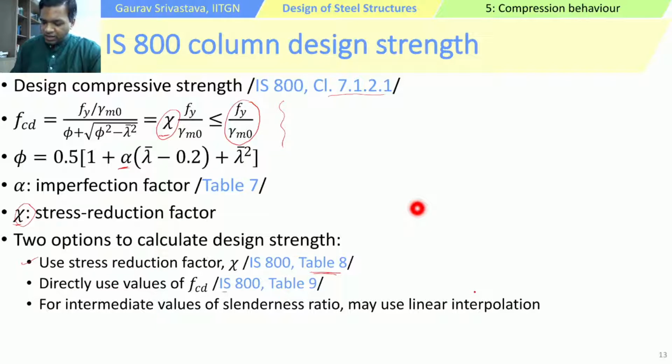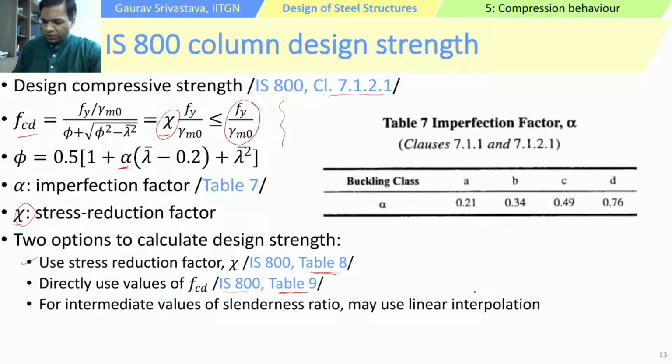Similarly, IS 800 table 9 gives directly the values of fcd also, which is the design compressive strength. It can be used directly. And for intermediate values of slenderness ratio, it is possible to use linear interpolation. And the amplification factor, sorry, the imperfection factor alpha, actually takes into consideration different buckling classes.